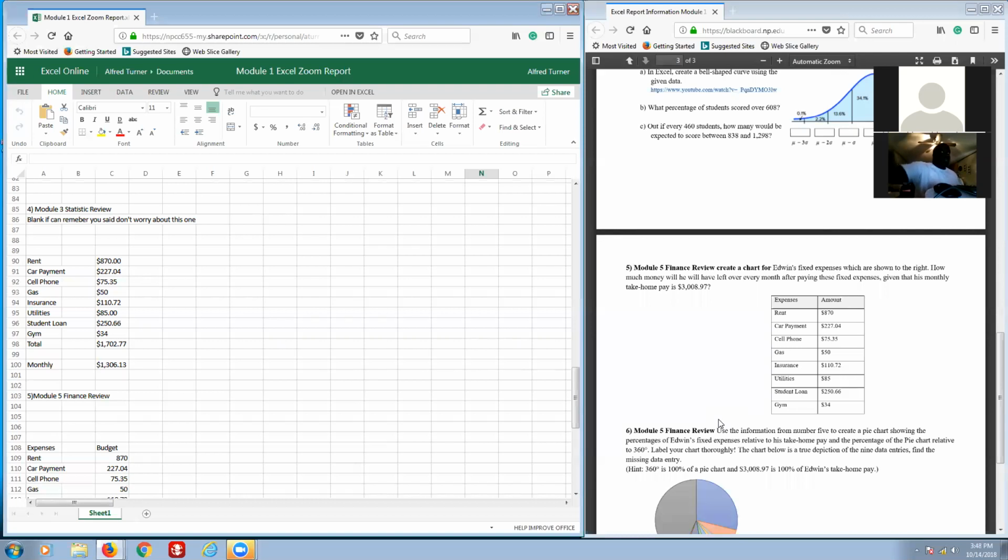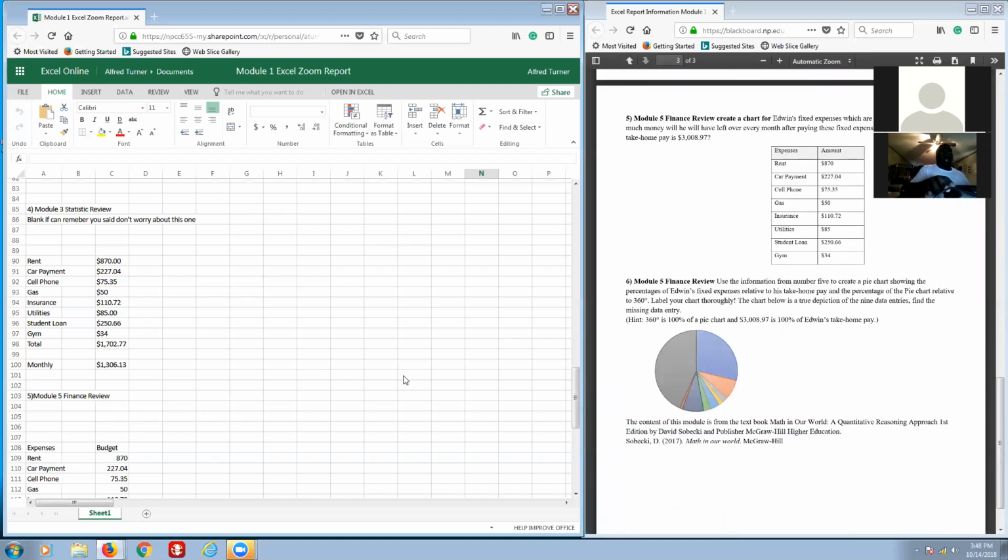You got your numbers right here. I just built my own little graph over here and broke each one down. I added all these numbers up and then subtracted them from the monthly take-home, and that's how I got $1,306.13.